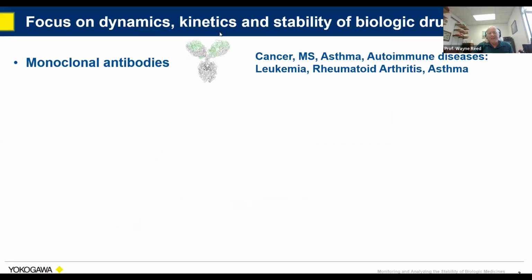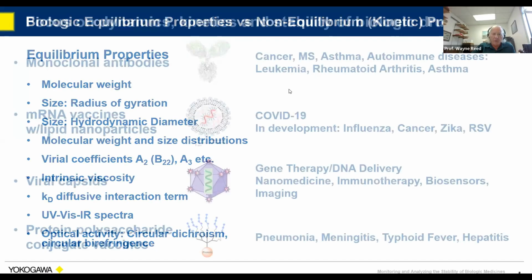We're going to focus on dynamics, kinetics, and stability of biologic drugs. You all know more about biologics than I do, but the types of biologics we're working with are monoclonal antibodies. These are some of the disease conditions they address. Like an old-fashioned mouse here.